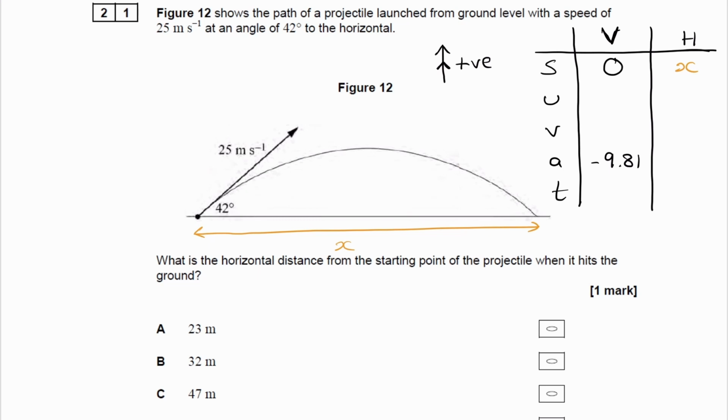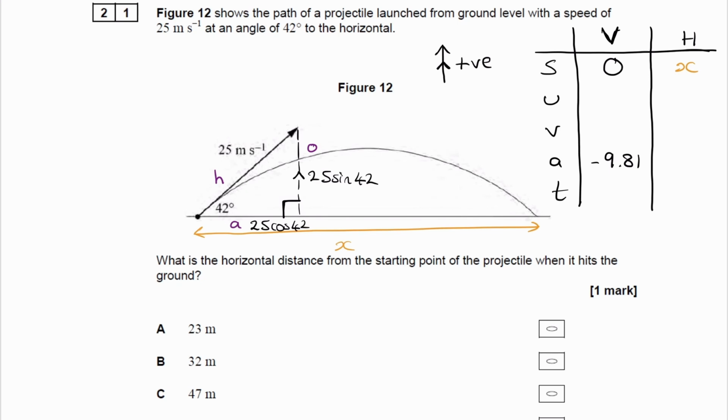Let's look at velocities now. So we have the velocity, 25 meters per second at a particular angle. We need to work out the vertical and horizontal components of that velocity. So using SOHCAHTOA, with this being our hypotenuse, this being our opposite, this being our adjacent, we can say that this side will be 25 sine 42, and this side will be 25 cos 42.